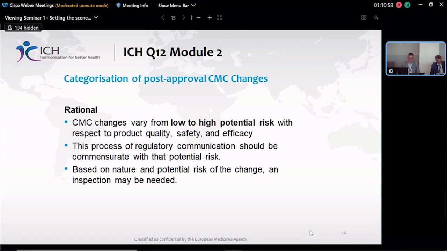Whereas to add a site in a third country outside of the EU, which hasn't been approved for an EU product before, which hasn't been inspected by an EU GMP inspectorate, there's a lot of uncertainty there. It doesn't necessarily translate into high risk, but when there's uncertainty, we need to look commensurate to the information we have in front of us and what the MA holder can show to us to categorize a variation accordingly. And in that case, a variation will probably be considered a higher risk, and actually an inspection may be needed. In fact, an inspection will be needed in that case.